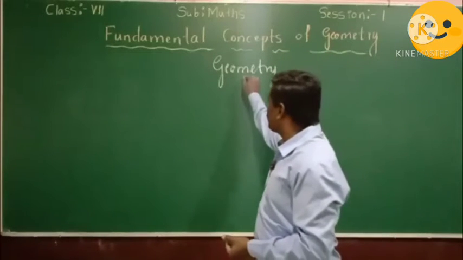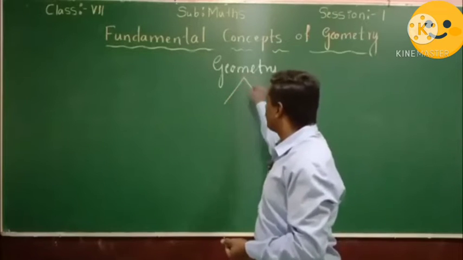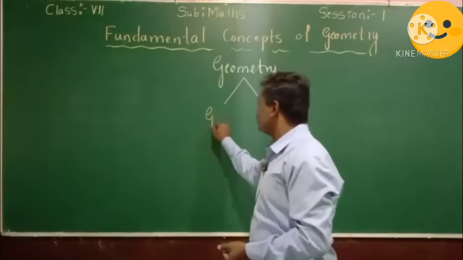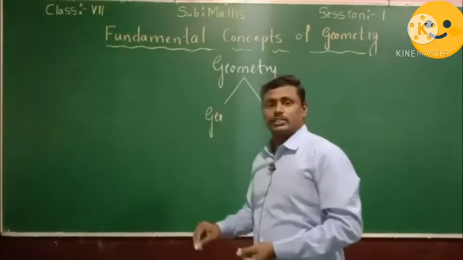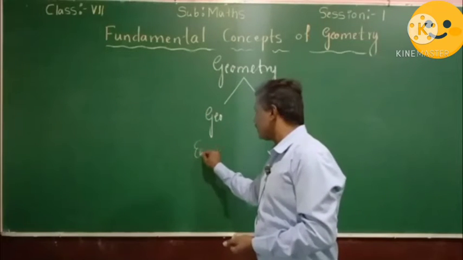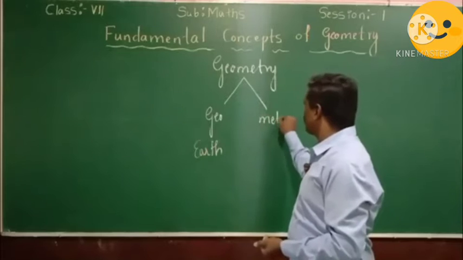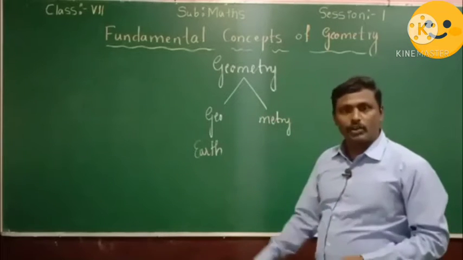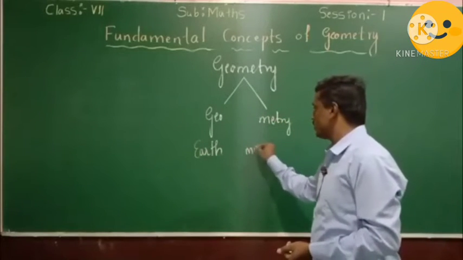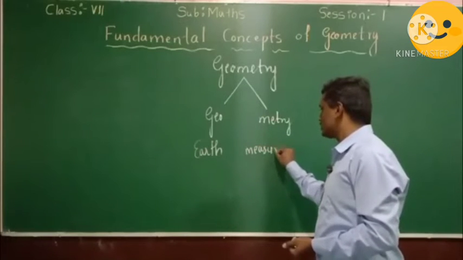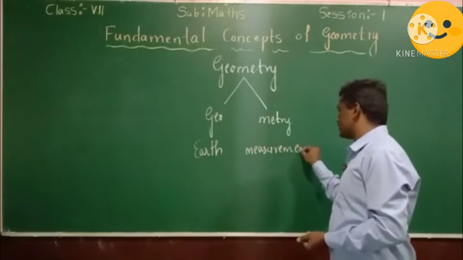The word geometry comes from Greek, in which geo means earth and metron means measurements.